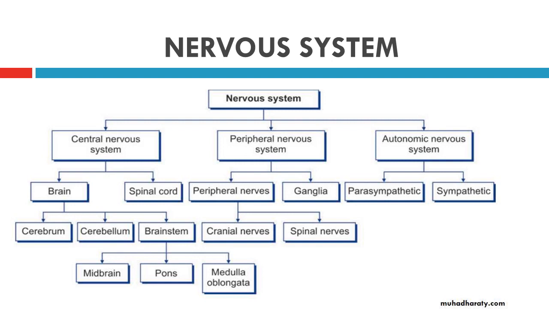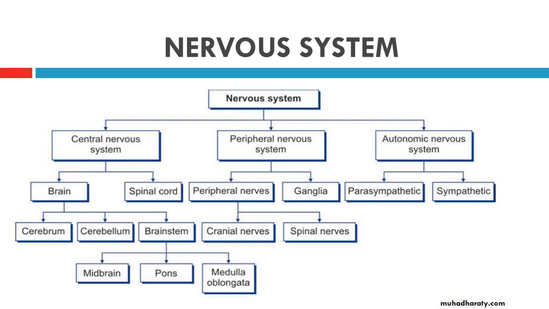The nervous system is basically classified into three, that is central nervous system, peripheral nervous system as well as autonomic nervous system. Fine. The central nervous system includes the major organs known as brain as well as spinal cord.